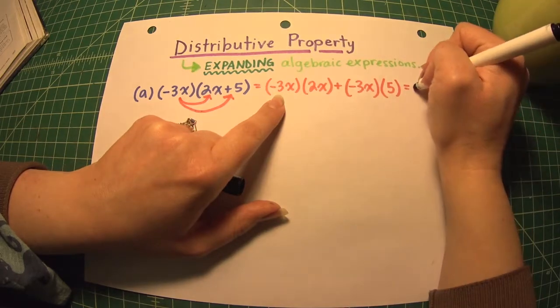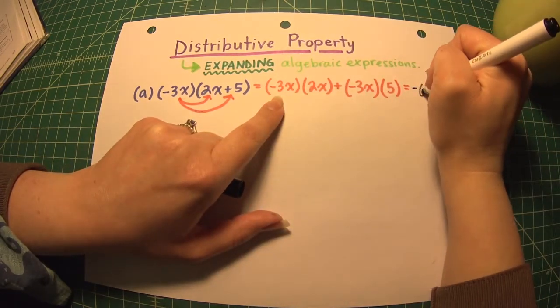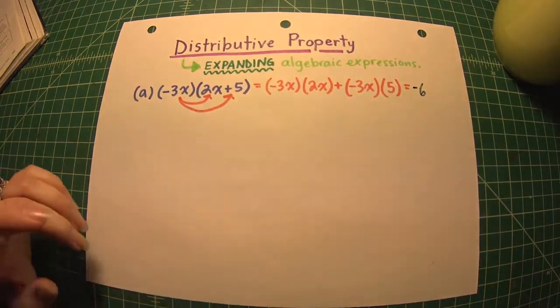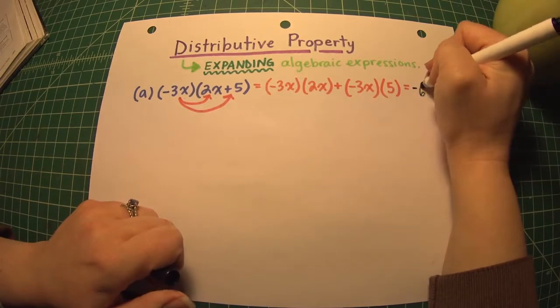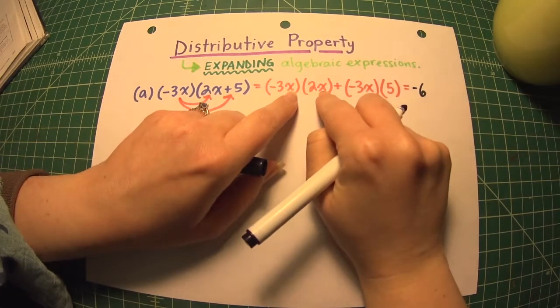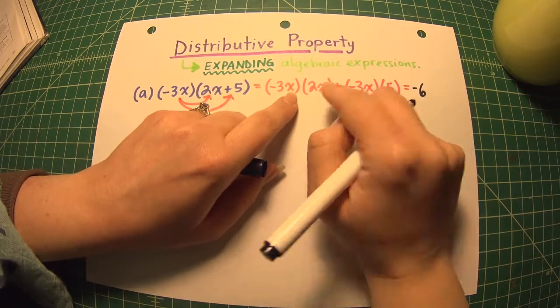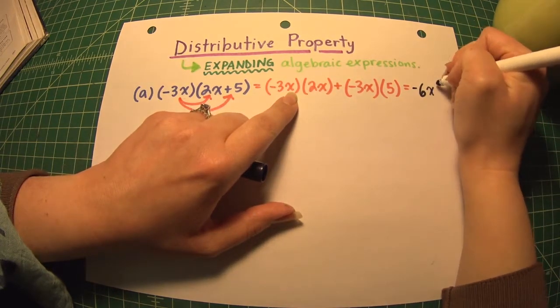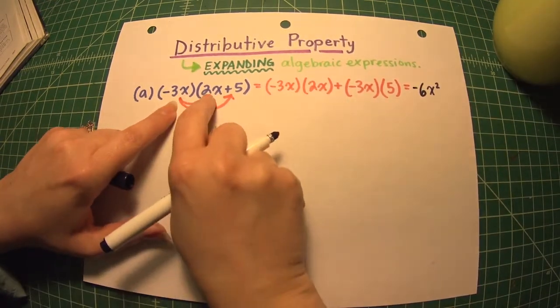So mismatch, so I know it's going to be a negative. 3 times 2 is 6. And now I do letter times letter, or variable times variable. X times x. I'm doubling up my x's, so that turns into x squared. So that takes care of the first distribution.